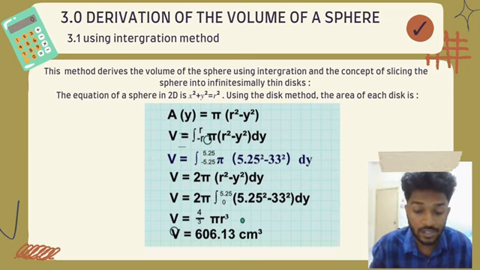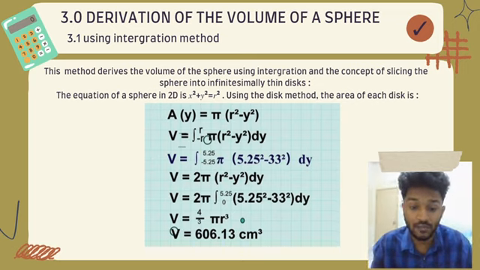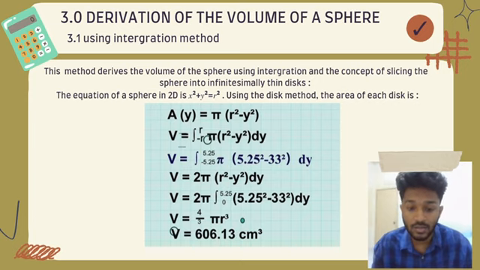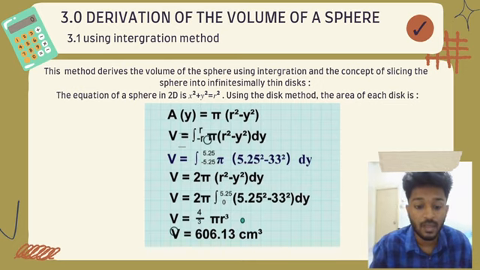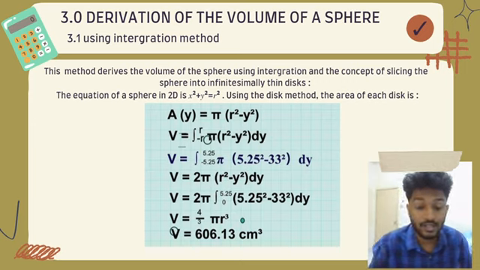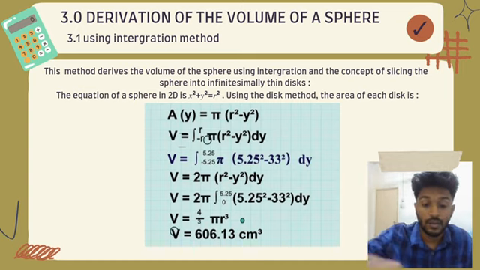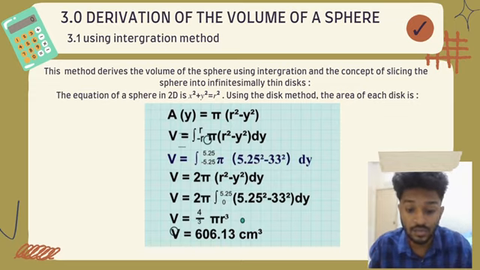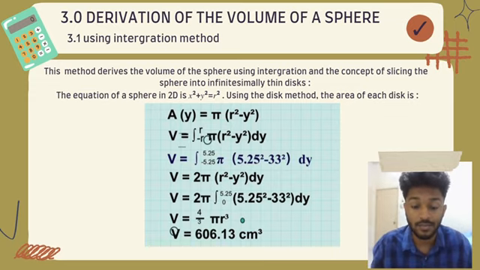After solving the equation, you should simplify to get the formula for the volume of a sphere, which is volume equals 4/3 pi r cubed. Finally, by substituting r equals 5.25, we calculate the volume as 606.13 cubic centimeters. This approach shows how integration helps to derive the volume formula systematically.